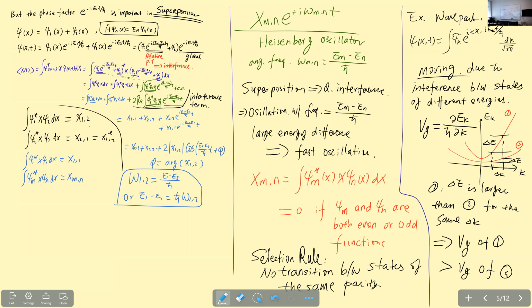Now you have another way to understand this group velocity: it's because of interference of different eigenstates that have different energies. If you have a larger dispersion, that means the energy difference between two states is larger, so it's going to move faster. That's why the group velocity is given by partial E over partial k. So that's the understanding of these eigenenergy states.